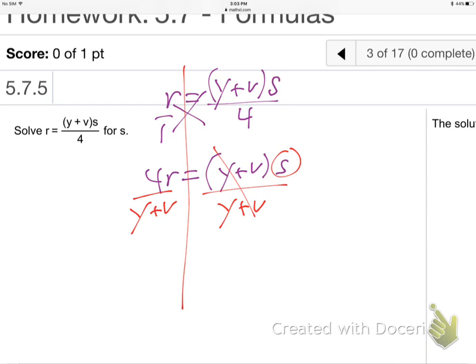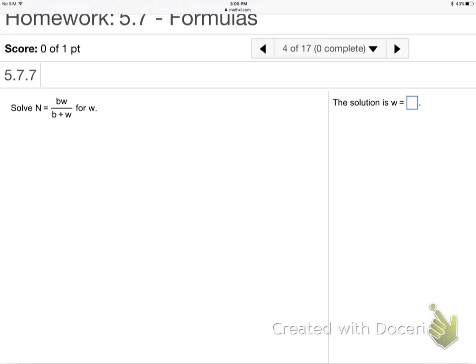This section's a lot easier than the last one, huh? Okay. Capital N is BW over B plus W, for W. Is that just one fraction on each side? Yeah. Put that N over 1 and cross multiply.